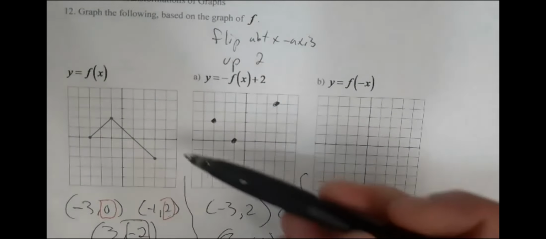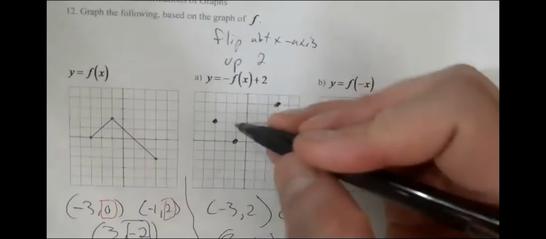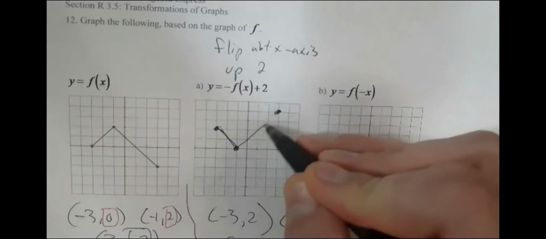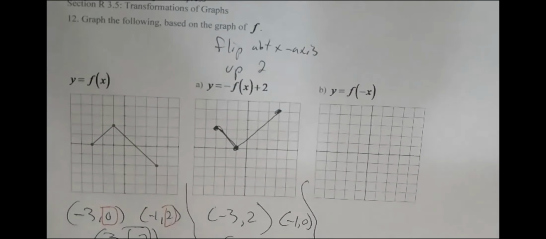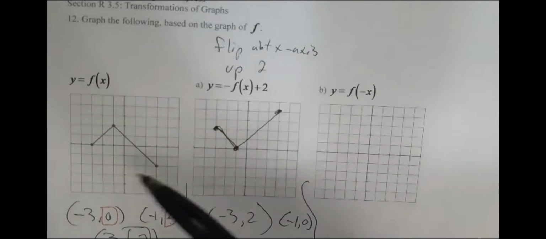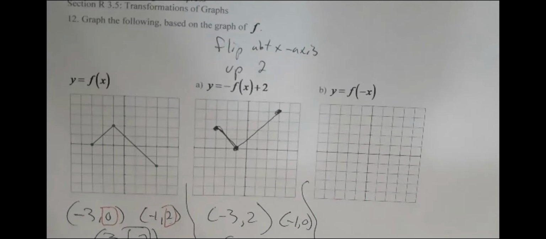So this whole thing got flipped about the x. So the orientation is going to be a little bit different. Instead of a downward check, it's going to flip it to like an upward check. And then we're going to move it up 2. Okay, so that one had 2 operations on it.